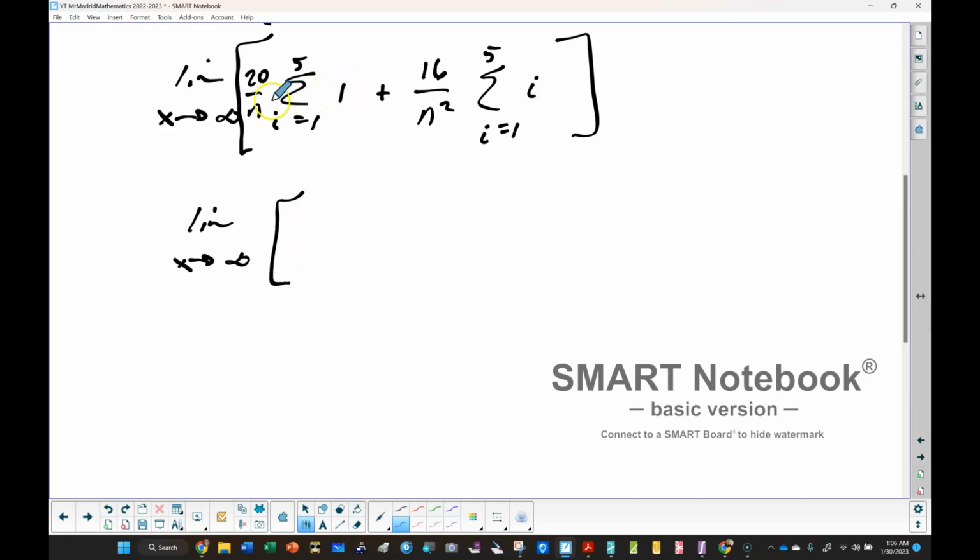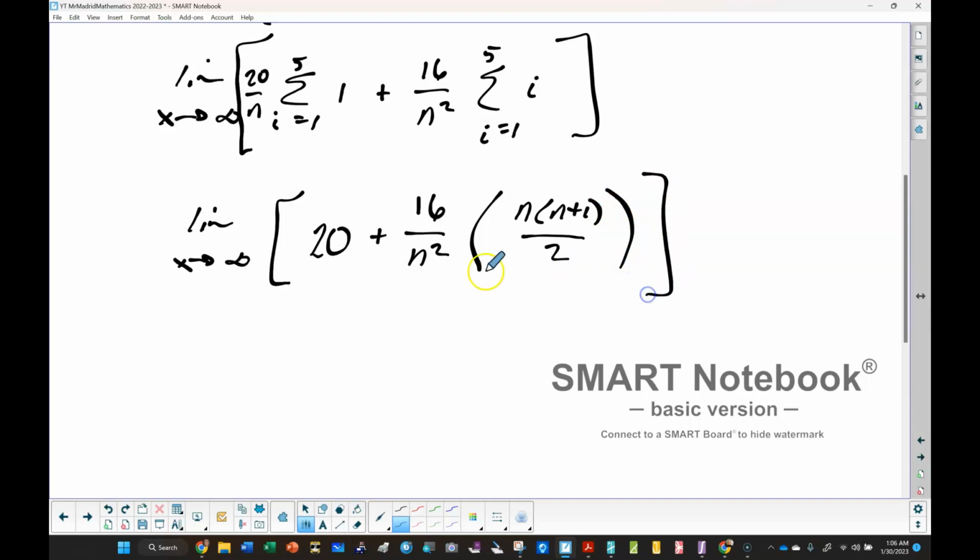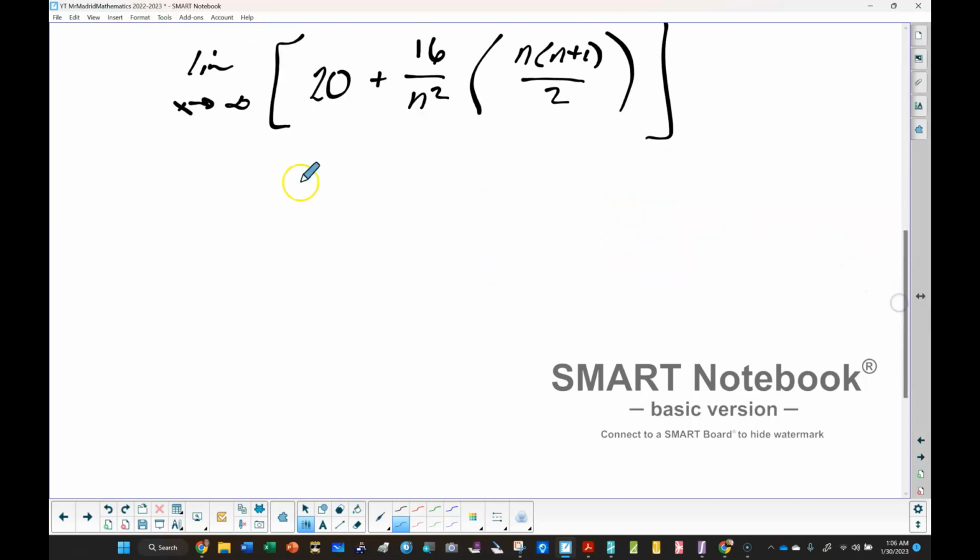So n cancels out with there, and we're left with 20. This one here is i, so I don't think we can afford to do too much in our head too fast. Take a look at Theorem 4.2. We're left with n plus 1 over 2. The 20 is preserved.